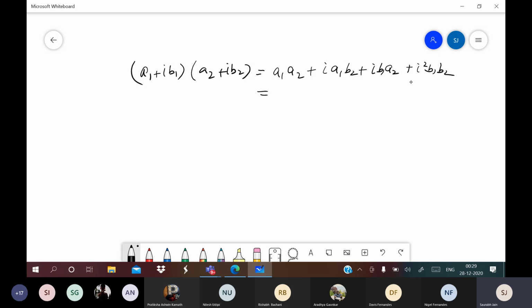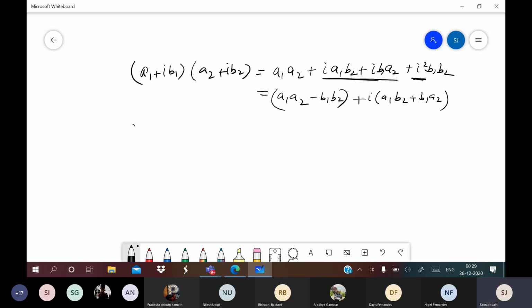Now we know that iota square is actually minus 1, right? So we will use that result and we will write the real part together, and from these two middle terms I will be taking iota common and it will become a1 b2 plus b1 a2. Okay, so this is multiplication.